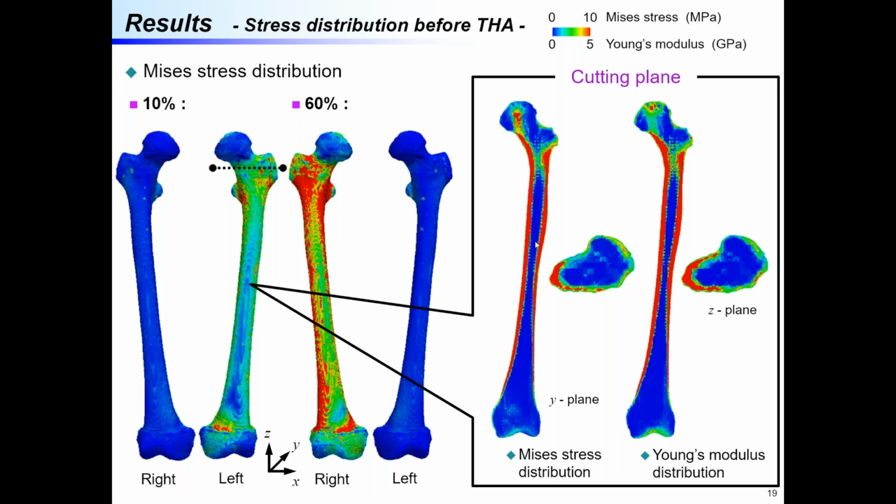As you can see, the distributions of stress and the Young's modulus were similar, meaning that stress propagates in the area which has higher stiffness in bone. So the modeling of the heterogeneous Young's modulus distribution by Mechanical Finder is useful and important.